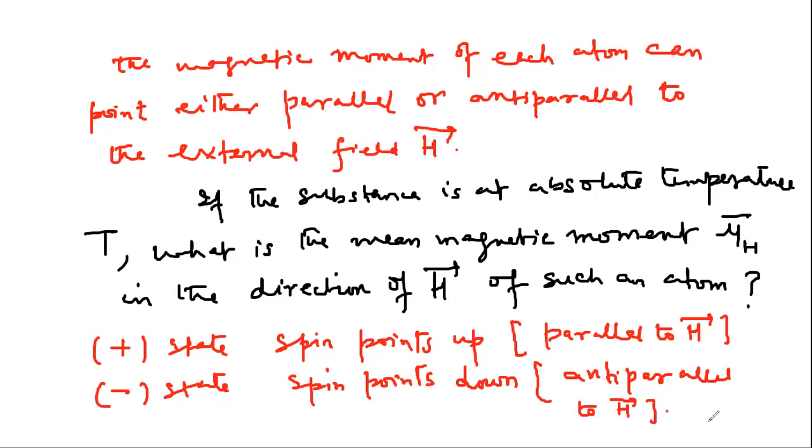Now, in the plus state, the atomic magnetic moment mu is parallel to H. It is parallel to H. So the component of the magnetic moment which is in the direction of H is the full mu.